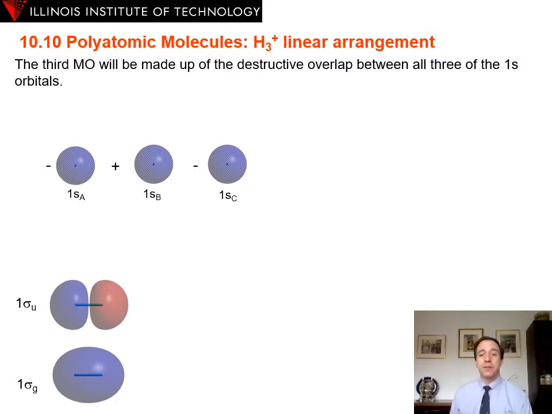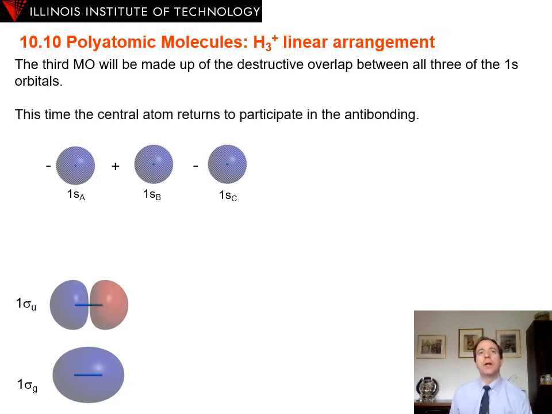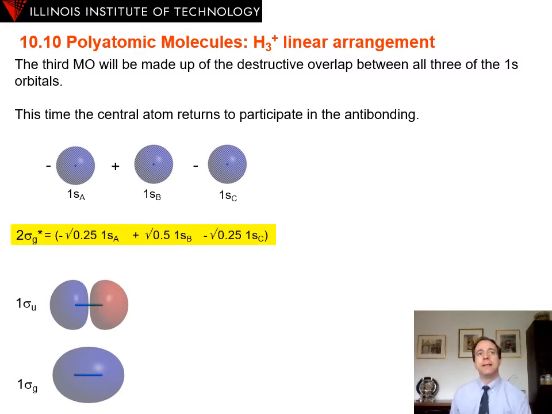Remember, the wave function having a positive or a negative value doesn't affect the probability of finding the electron, and doesn't affect the energy of the electron. So all of that is just a mathematical designation. But the idea here is that the combination is going to be our sigma antibonding orbital.